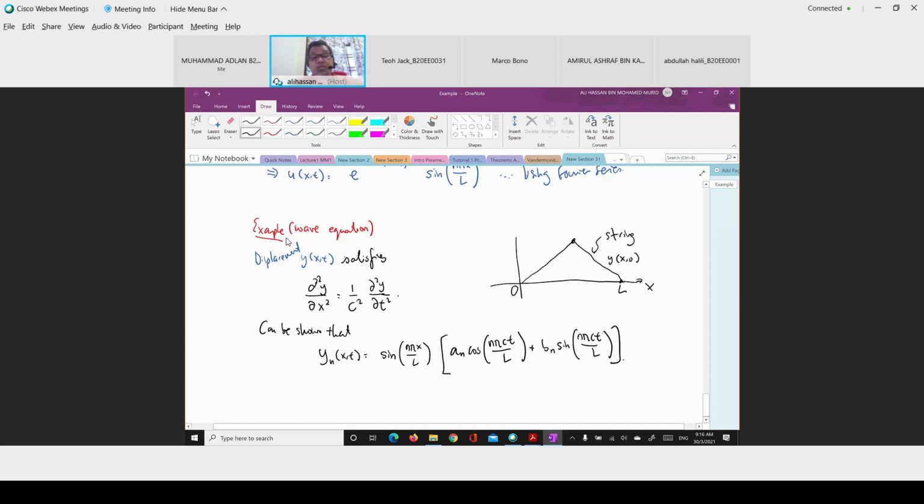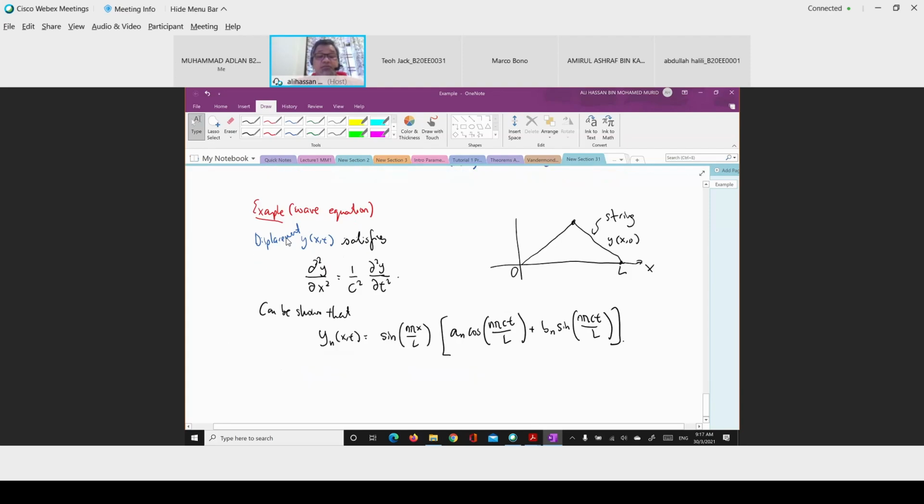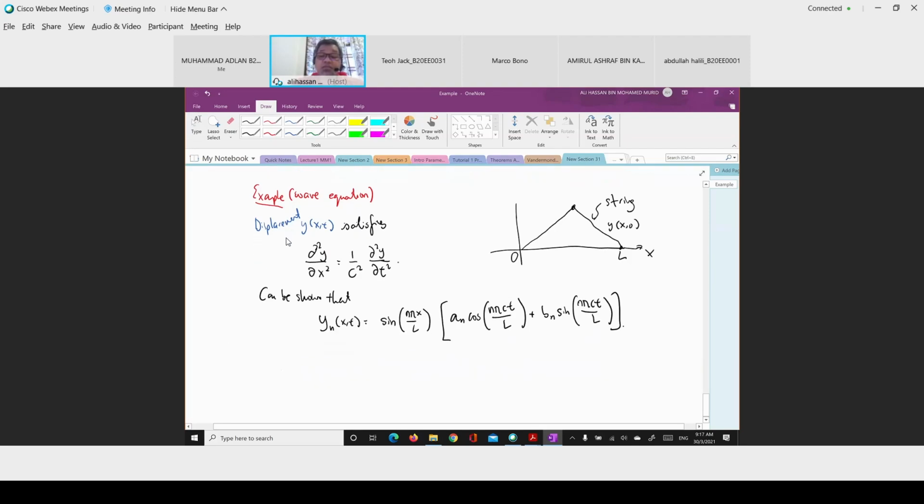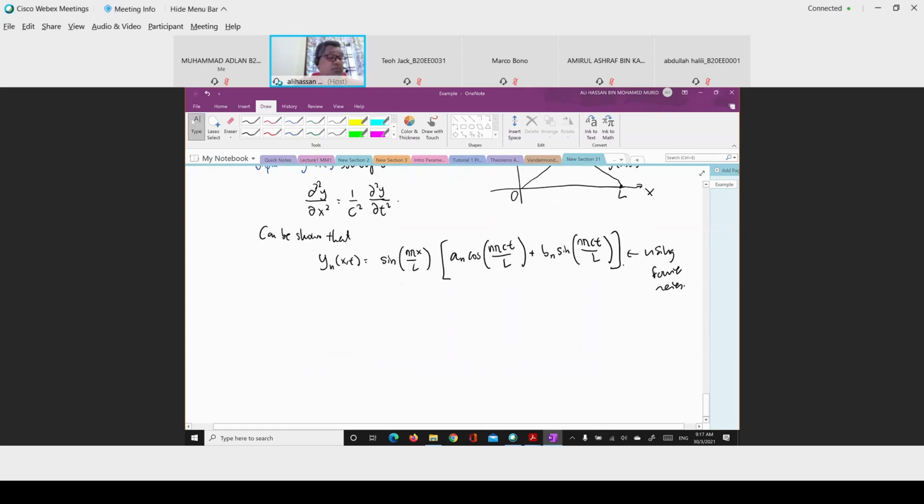Again, based on the technique of Fourier series. So this is another application of partial derivatives.